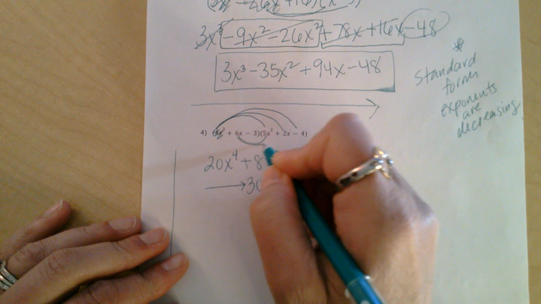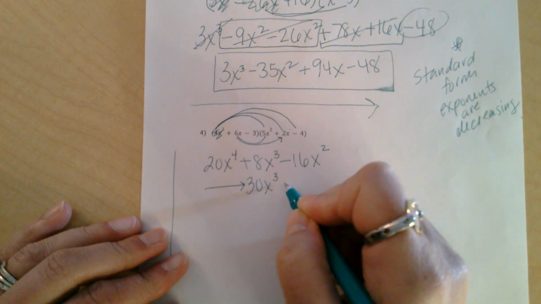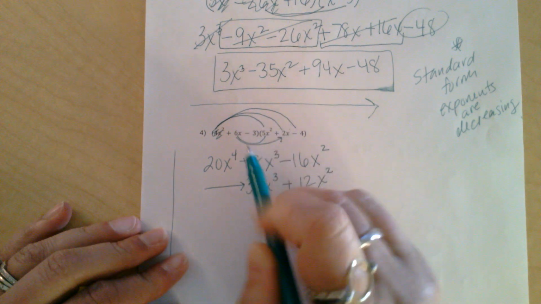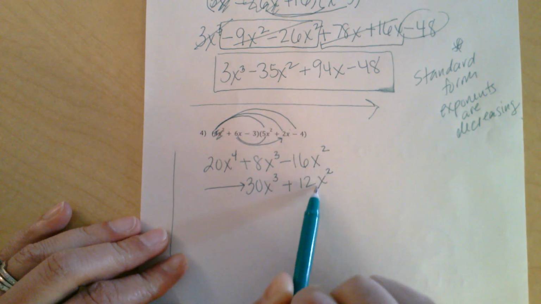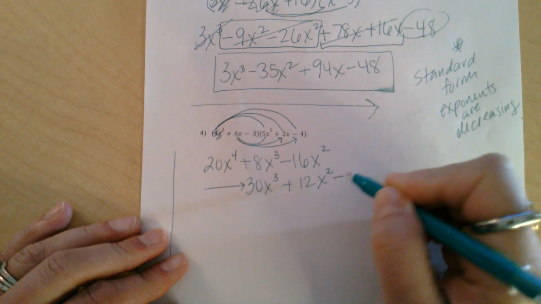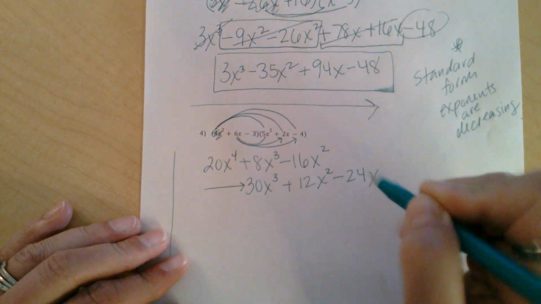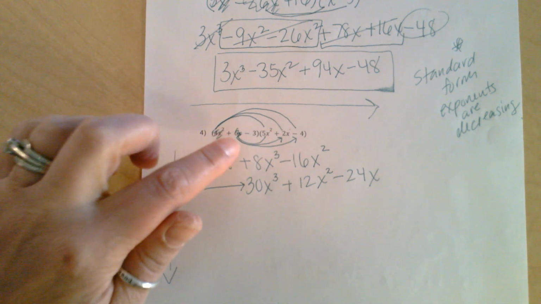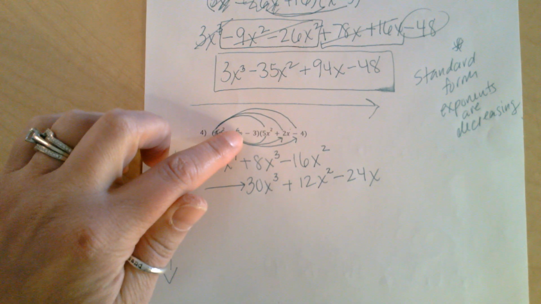Let's keep going. 6x times 2 is positive 12x squared. x times x is x squared. Notice how they're lining up. 6x times negative 4 is negative 24x. That takes care of the 6x. Okay, so we have our minus 3 or negative 3 left to distribute.